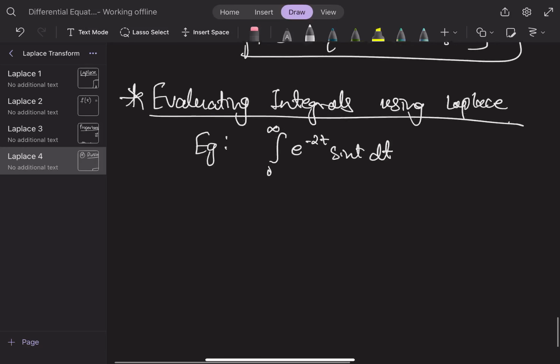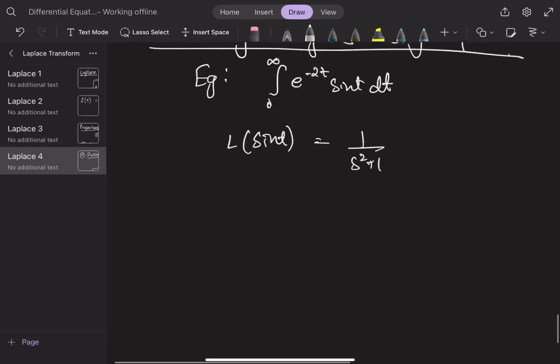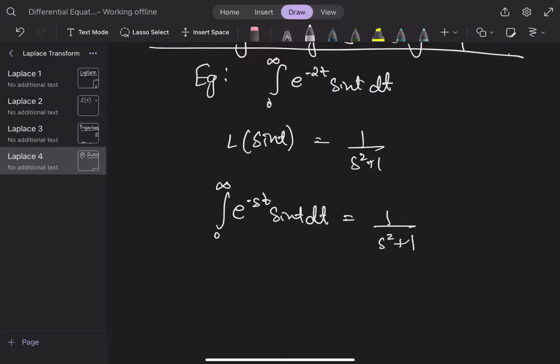You know that Laplace of sine t is 1 upon s square plus 1, which means integral 0 to infinity e raised to minus st sine t dt is 1 upon s square plus 1. This is the formula of Laplace.